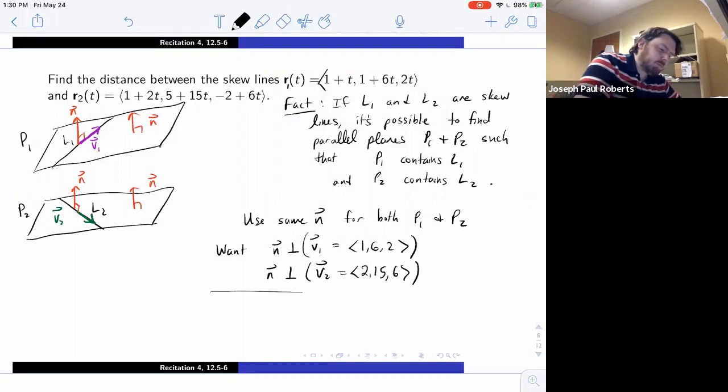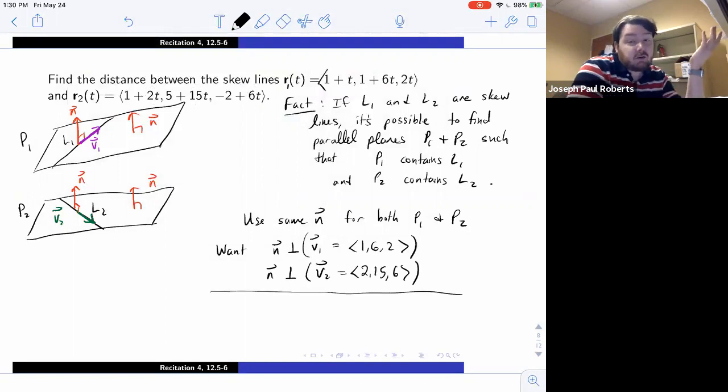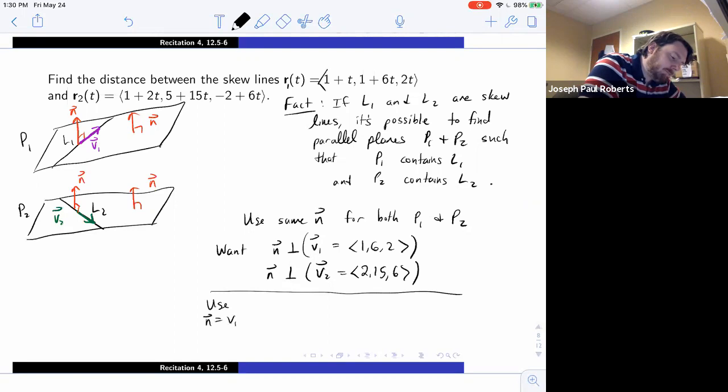Okay. And so now you go back to last week. What do we do when we want to find a third vector perpendicular to two given vectors? Well, we take the cross product. So I'm going to do 1, 6, 2 cross 2, 15, 6 to get what? 36 minus 30 is 6.